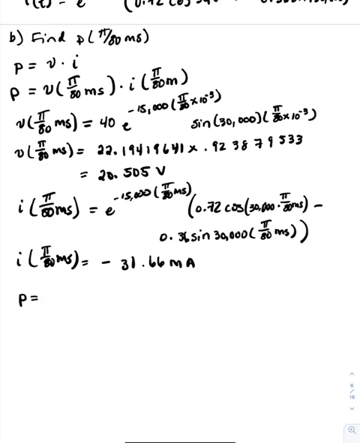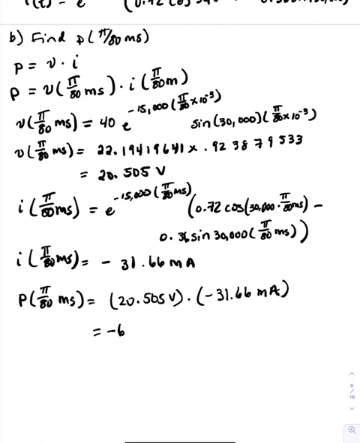So P of pi over 80 milliseconds is equal to 20.505 volts times minus 31.66 milliamps, which is minus 649.24 milliwatts.